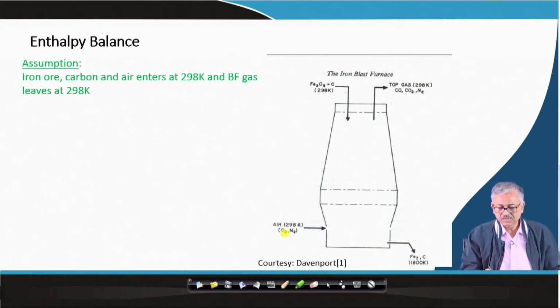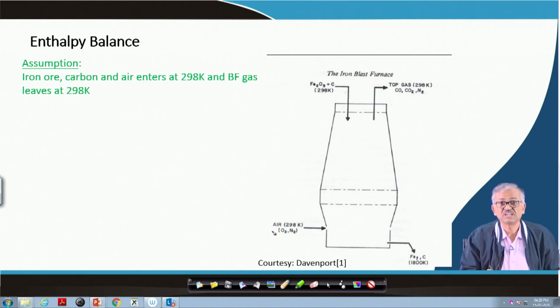So, this is a very simple blast furnace diagram with an input-output statement. You can find here that air is entering at 298 Kelvin, and here the ore Fe2O3 plus carbon, that is the coal or coke, are also coming in at 298 Kelvin.